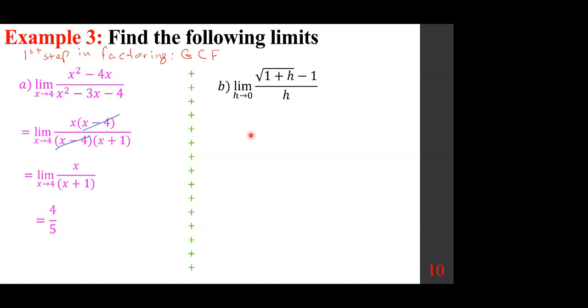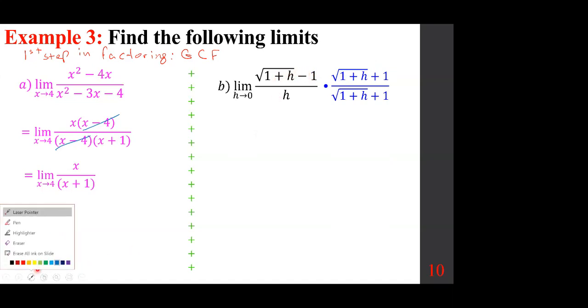The technique was to multiply by its conjugate. When we say conjugate, basically this negative, change it to positive. So you're going to multiply the top and the bottom by its conjugate. So the result is that you're going to square this piece minus this piece and it comes out.